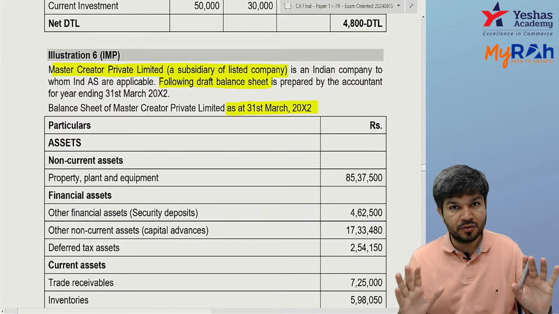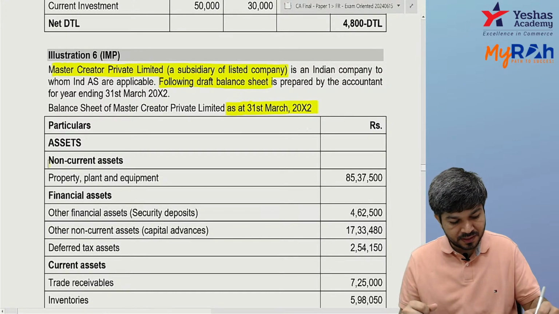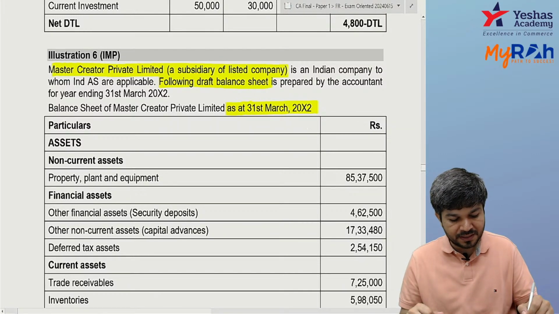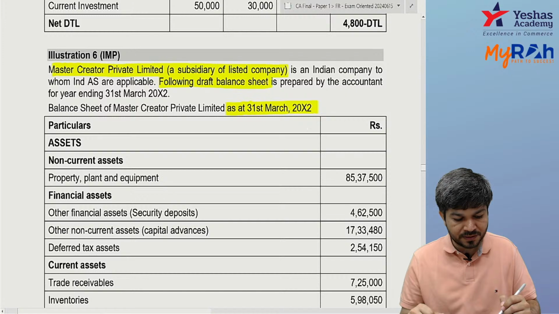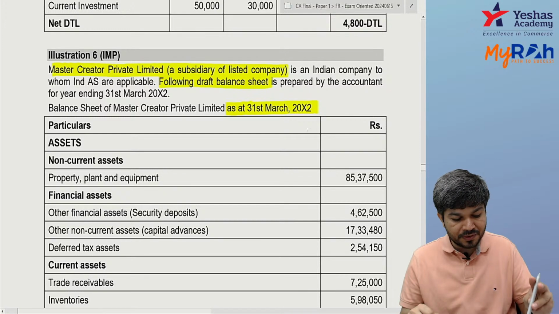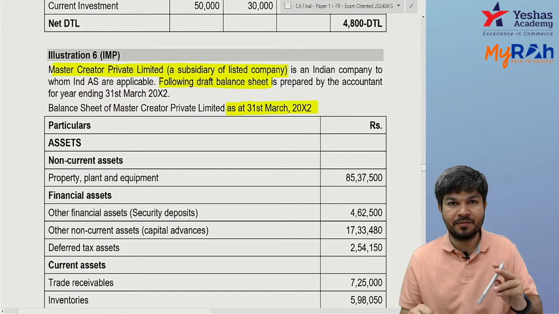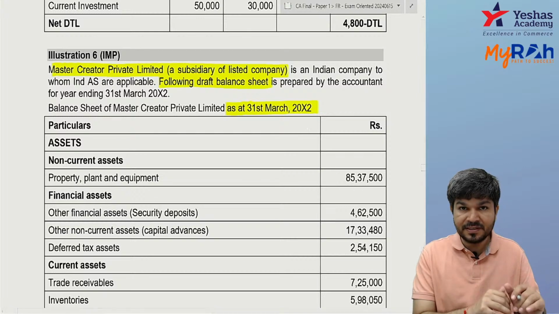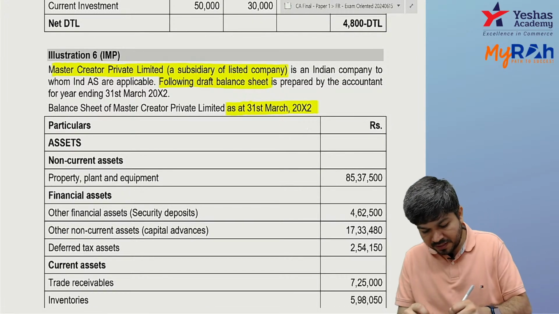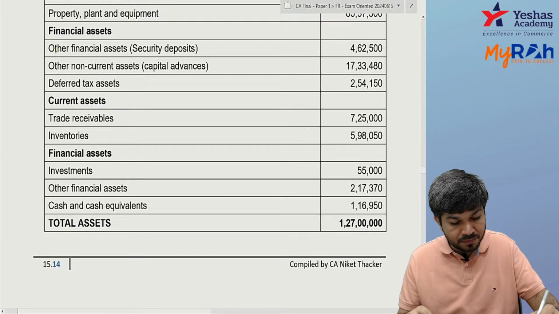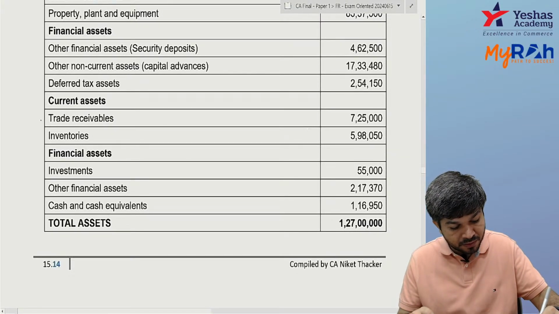Asset side, good, they have started with the asset side. Under non-current asset, PP. Under financial asset, they've written other financial asset, security deposit, so financial asset is over here. Then they've given other non-current asset, capital advances. Capital advances come under other non-current asset, correct. Deferred tax asset, correct. Under your current asset, trade receivable should actually be coming below.